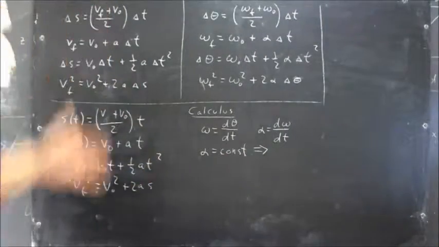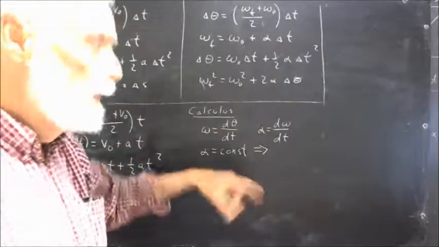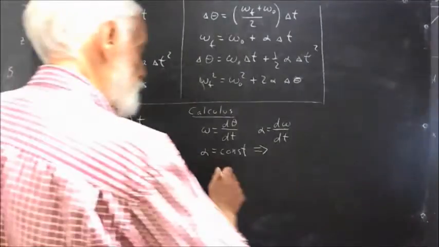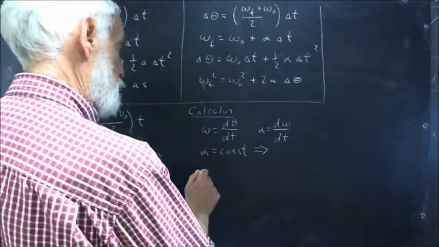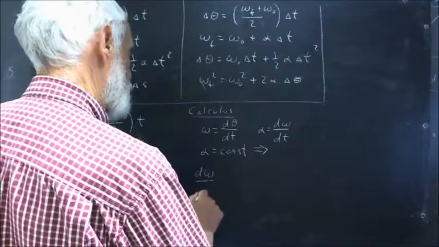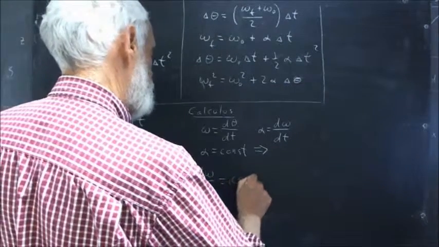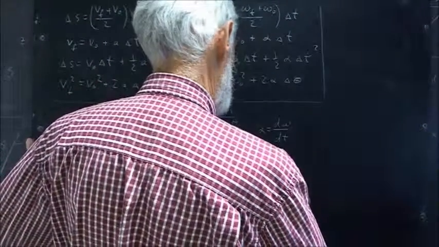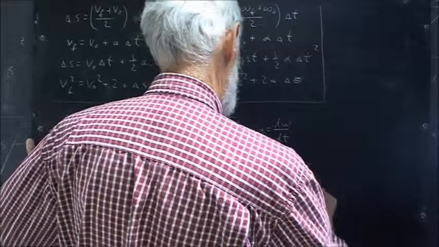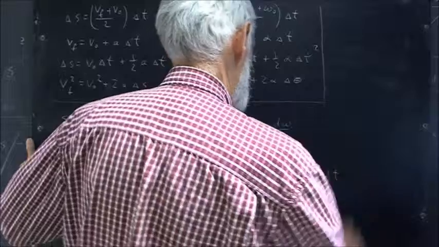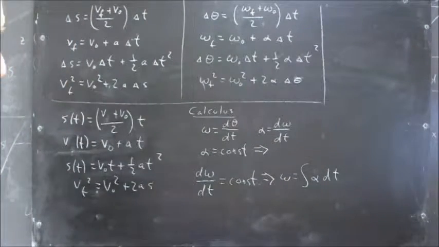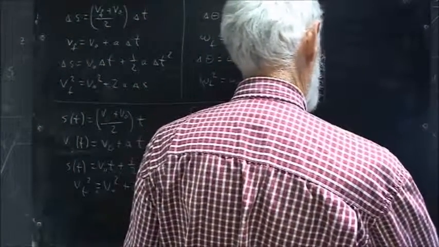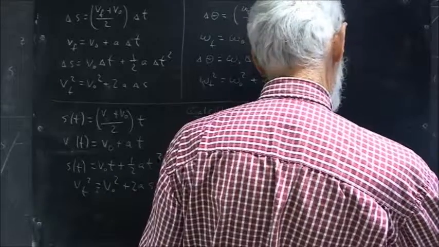We did it for motion in a straight line. It goes exactly the same way for rotational motion. Okay? Okay, well, hopefully you've done that. Alpha equals constant implies what? It implies that d omega dt is constant, which implies that omega is the integral of alpha dt, which means that omega is alpha t plus some constant.